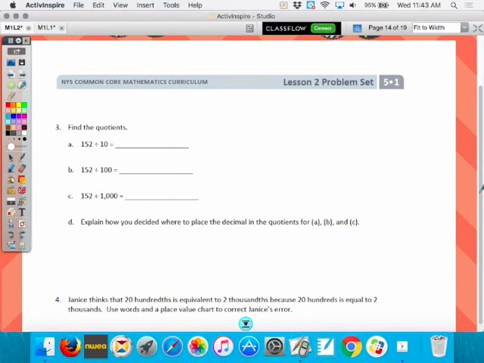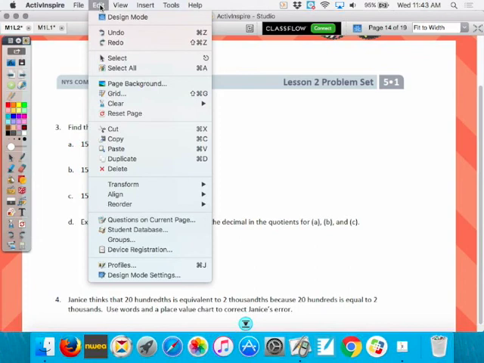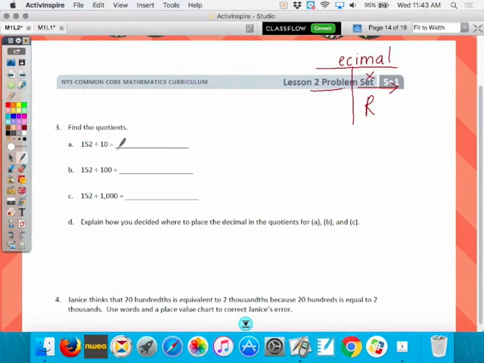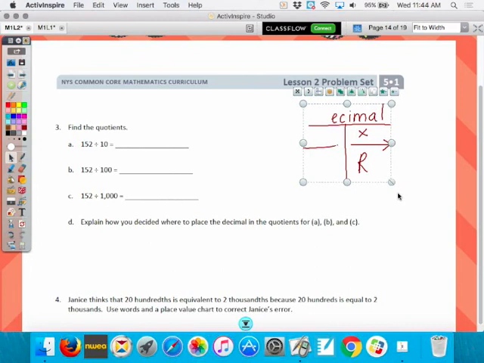Yeah. Okay. I'm going to see if my paste still works. Oh, almost. It almost worked, didn't it? Okay, you write your decimal trick down because you're going to need it. I'm going to put it right here. So what number am I going to write on the bottom of my place value chart? 152.